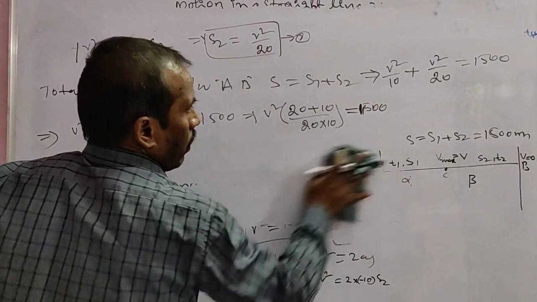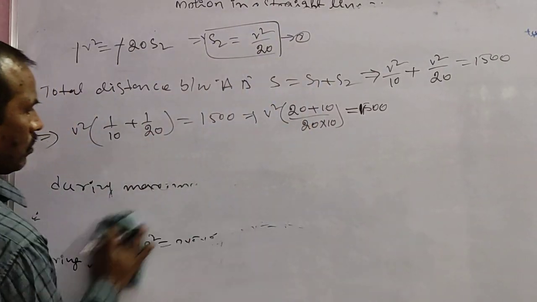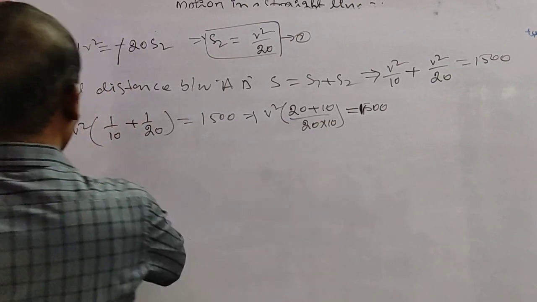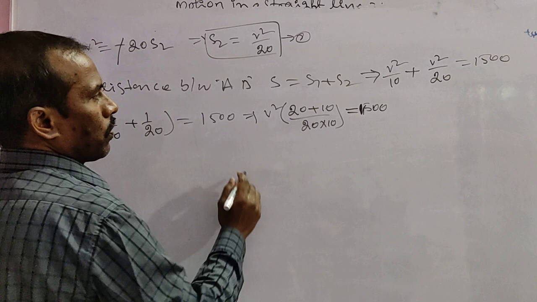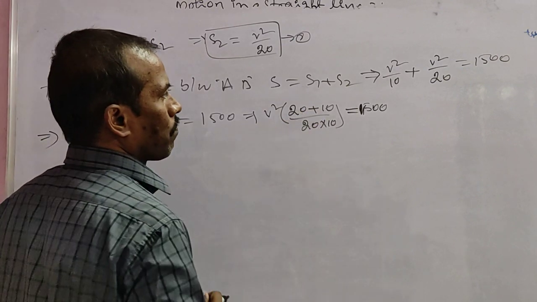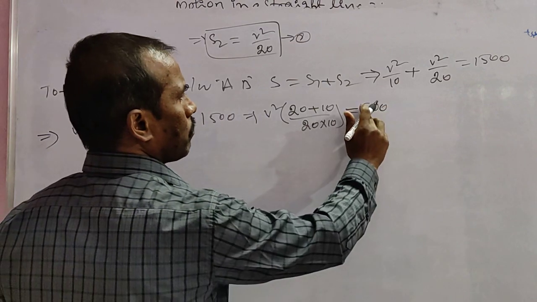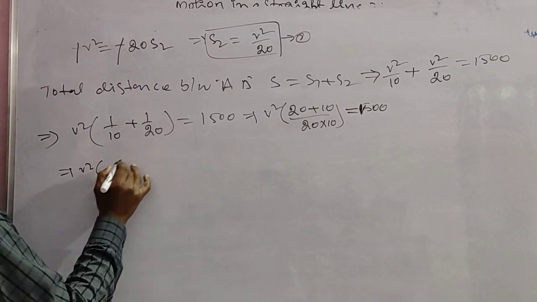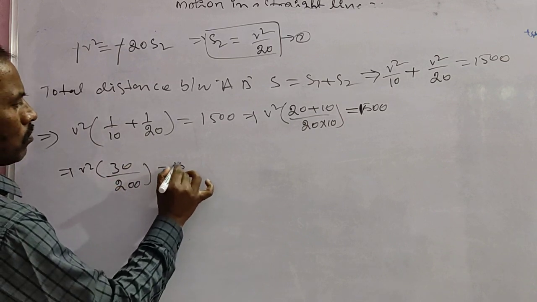Now finally find V. V square into (20 plus 10) by (20 into 10) is equal to 1500 meters. So simplifying, V square into 30 by 200 is equal to 1500.